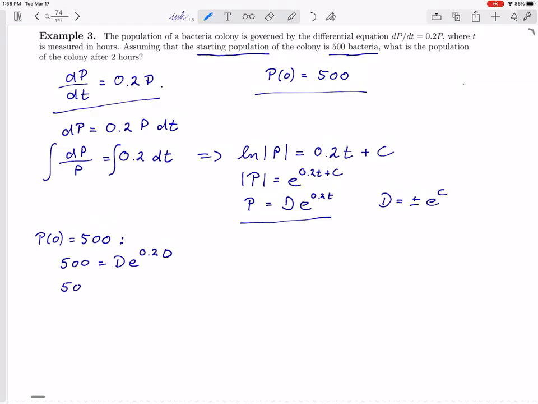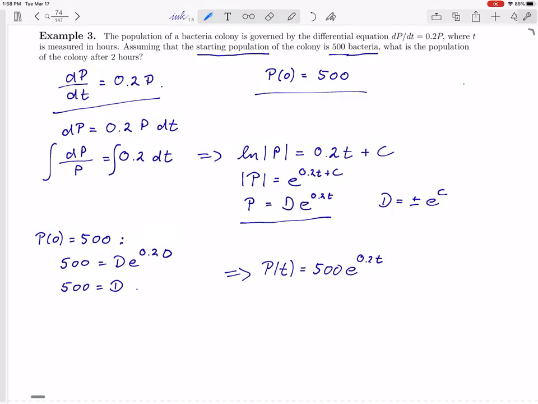So we have 500 is equal to just d. That is our initial population. So our overall solution, our particular solution, is p(t) is equal to 500 times e to the 0.2t.